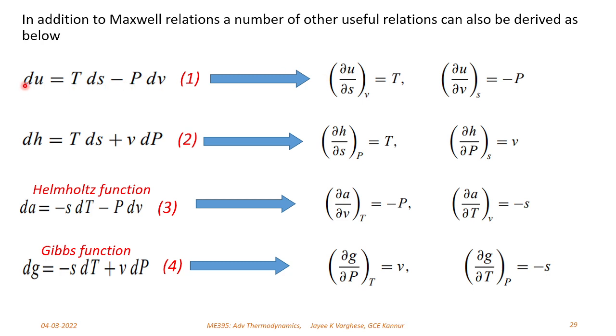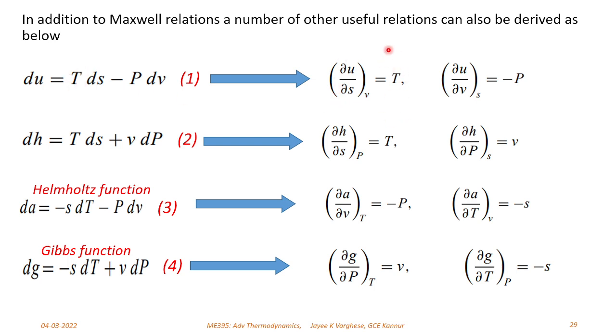From this combined first and second law relation, we can form an equation, say ∂U/∂S as volume is held constant. What is ∂U/∂S as volume is held constant? When volume is held constant, dV becomes 0. So the second term on the right side of the equal sign vanishes. So ∂U/∂S at a constant volume is equal to temperature.